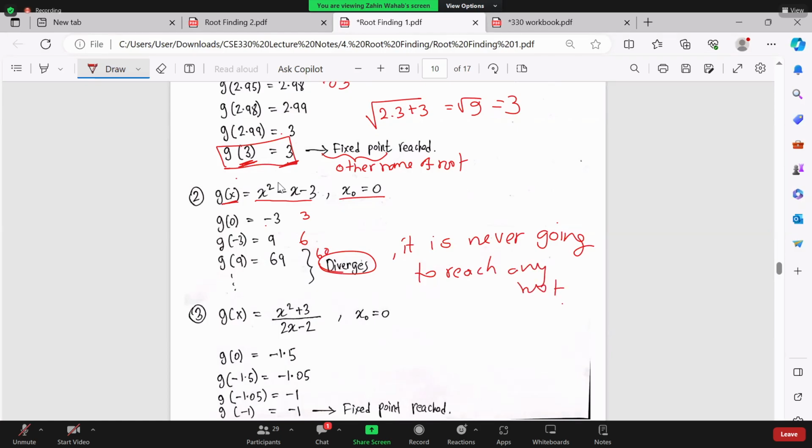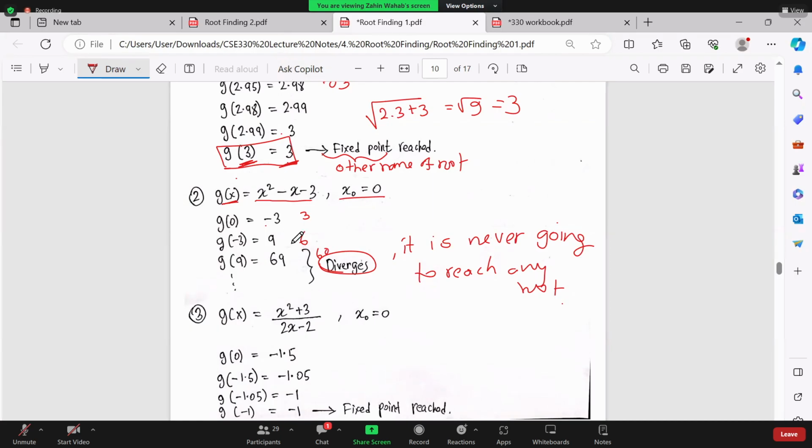So why is that? You can see it from the function. If you look at this g of x, you will see that it is x square minus x. That means the value of x square is very, very big compared to x. So that is why you can never get x back.